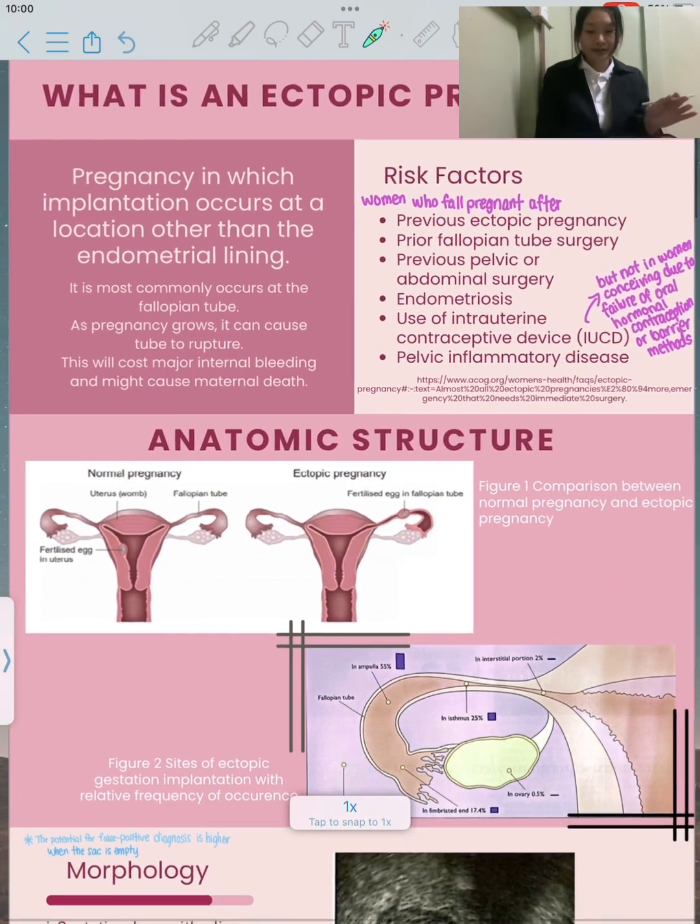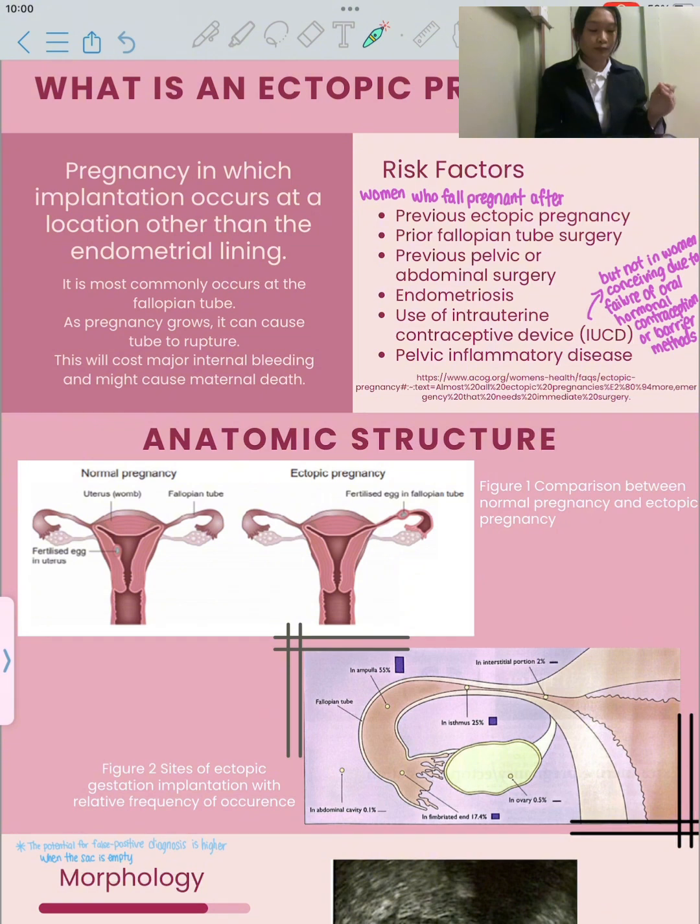The reason it can get implanted outside of the uterus is because there's damage to the tubal mucosa, which could obstruct embryo transport due to scarring. And there's also a small defect in the mucosa that will attract the implantation to the fallopian tube, caused by infection or surgical trauma. Dysfunction of tubal smooth muscle activity will also contribute to a fertilized egg getting implanted outside of the uterus.